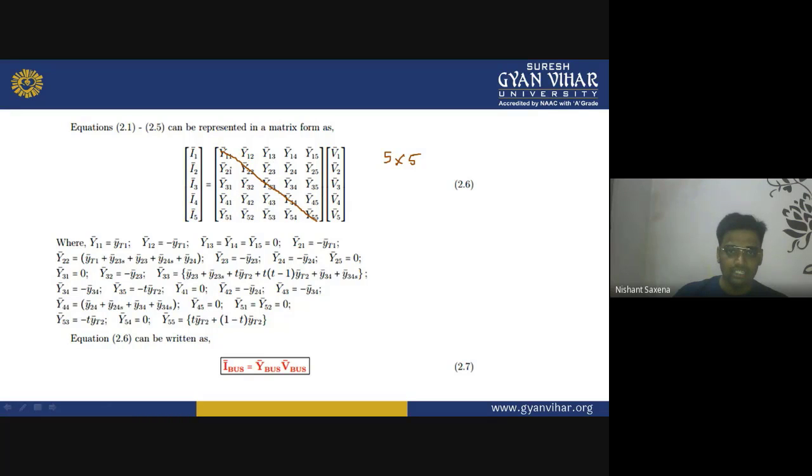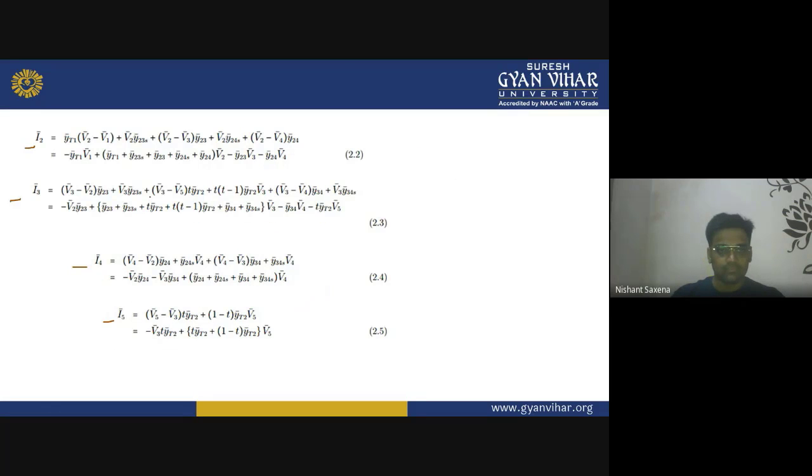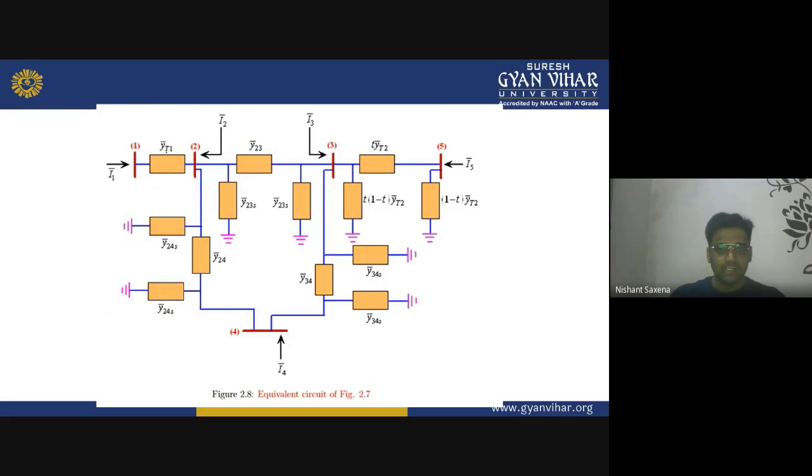So what about Y11? Y11 is the admittance of the transformer T1. Look at this diagram. Y11 is the admittance of the transformer T1 associated with the bus 1. This is the admittance that is connected.